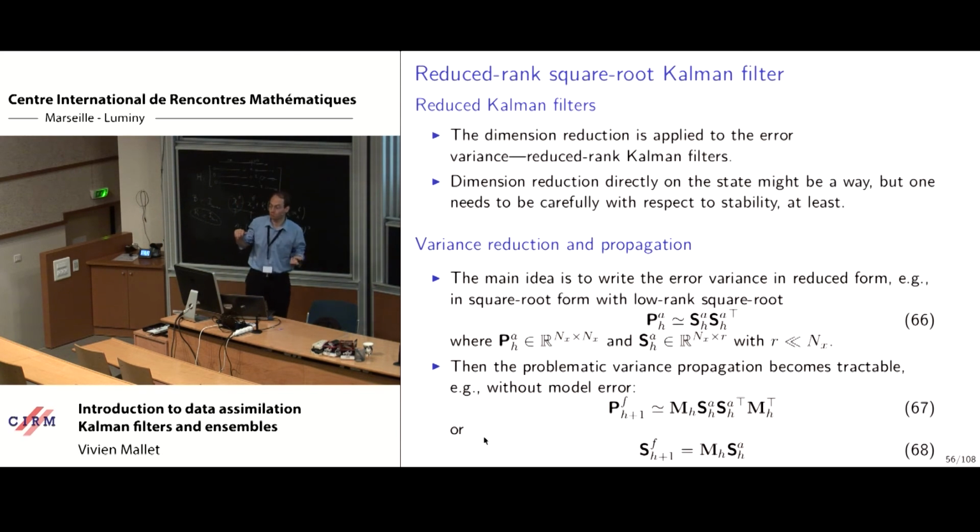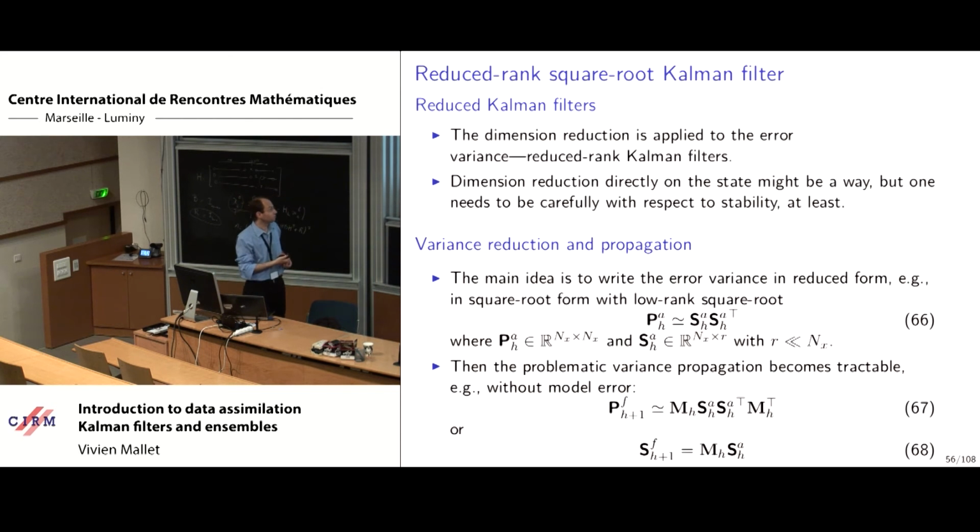Actually, when we make an ensemble of forecasts in the ensemble Kalman filter, we've seen that our corrections are going to be in the space spanned by the members. And we just have 30, 100 members. So the rank of your error variance, the covariance matrix, is around 30 or 100. So in all these filters that are tractable, you have a low rank error variance all the time.